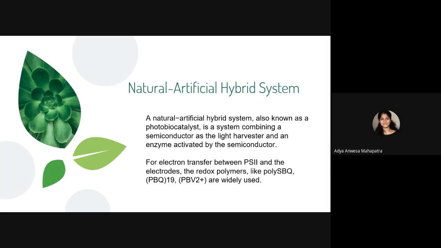Thus, to deal with these issues, a strategy to bridge PS2 and the artificial parts for efficient electron transfer is of great importance. A natural artificial hybrid Z-scheme system was reported that integrated plant PS2 and inorganic photocatalysts, ruthenium or strontium titanate, coupled with ferro and ferricyanide as an inorganic electron shuttle.